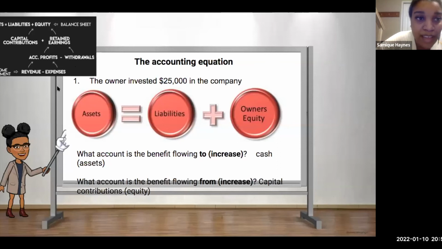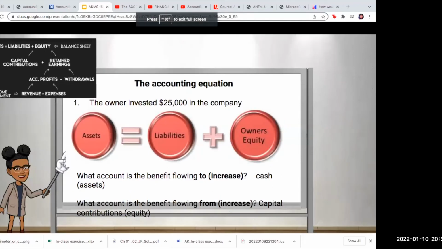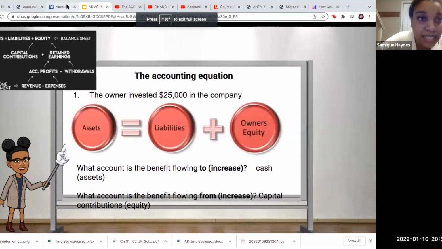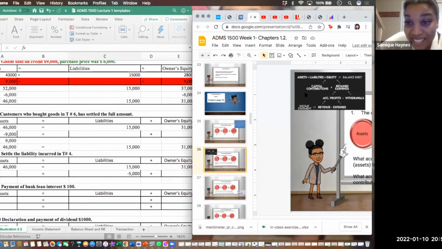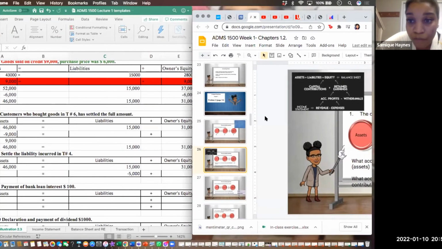Do you see anything on here that has to do with the word cash? No. Because cash is an asset account, it's only going to be affecting the asset side of the accounting equation.